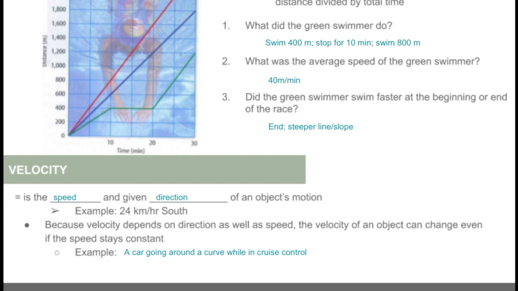For example, if a car is on cruise control, meaning it's staying at a constant speed the whole time, but it takes a curve, and it was going, let's say, north, and it curves around so that the direction it's going is now northwest, that would mean that the velocity changed even though the speed did not actually change.